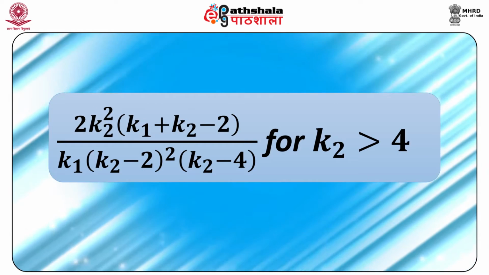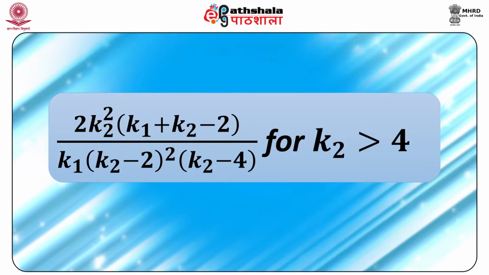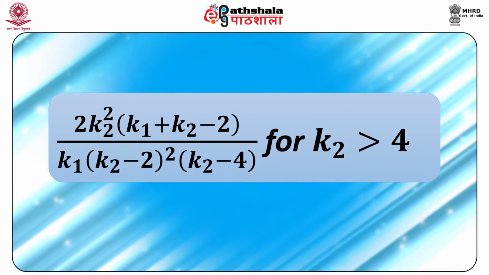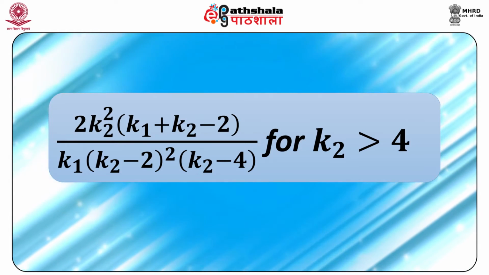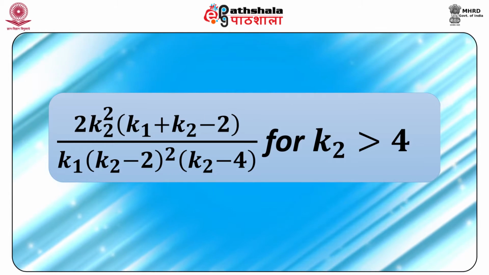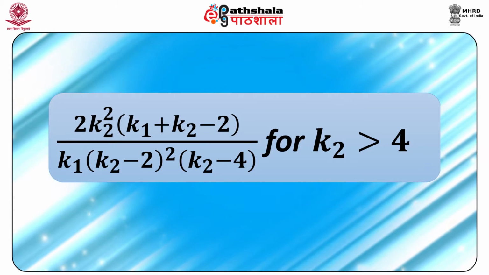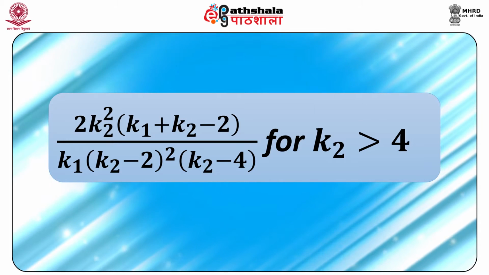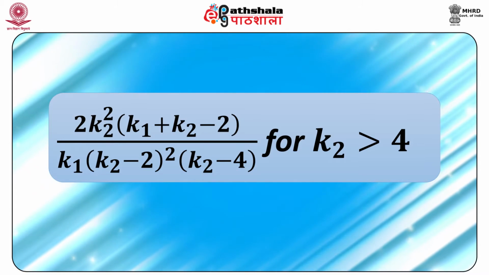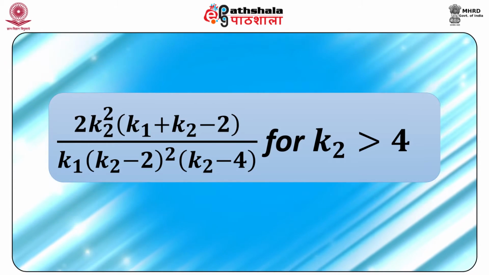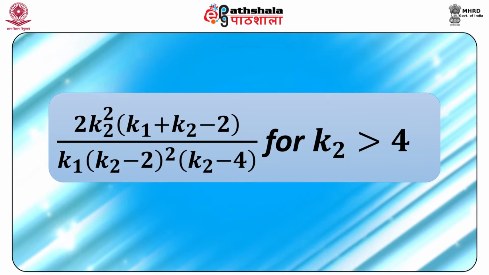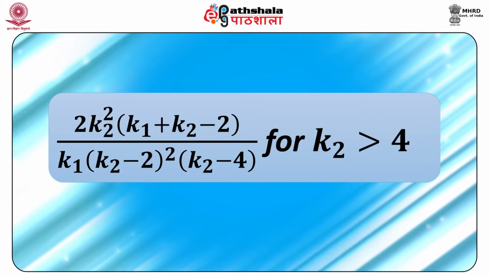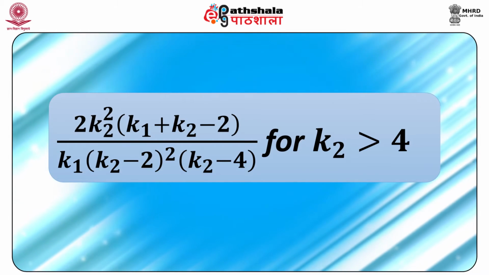We also can say that the F distribution has a mean of k2 upon k2 minus 2 for k2 greater than 2, and variance is equal to 2k2 square into k1 plus k2 minus 2 upon k1 into k2 minus 2 whole square into k2 minus 4, and this is for k2 greater than 4.